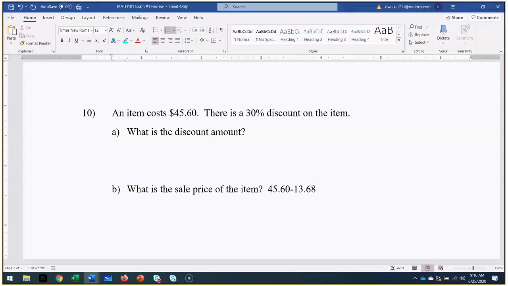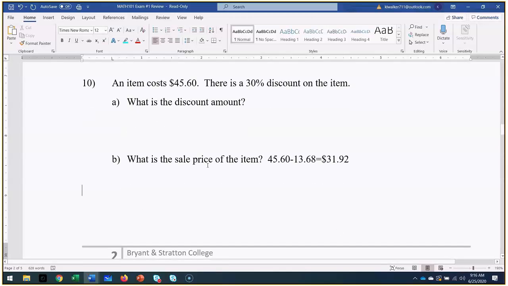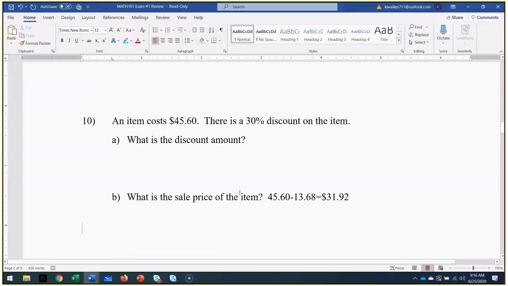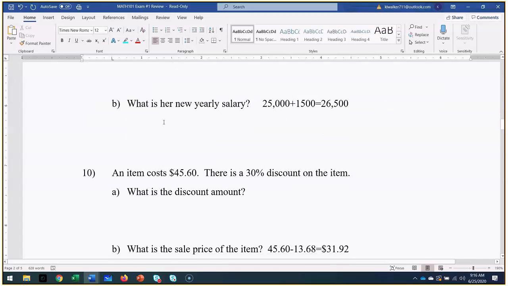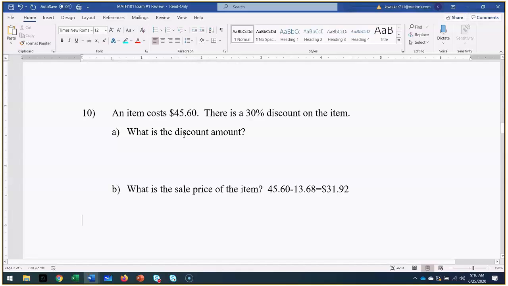I got $31.92. All right, so if you notice in the last two problems, they're giving you two parts for a reason, to try to help you go through it. Just make sure you pay attention to what they're asking for when you set up your proportion.